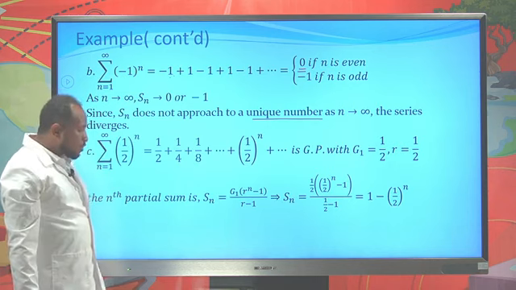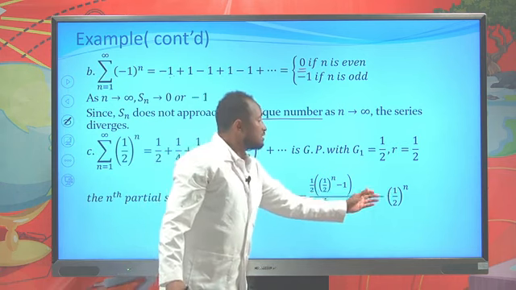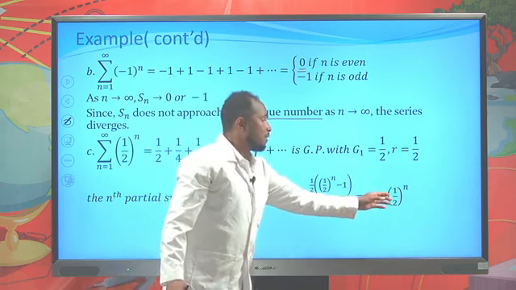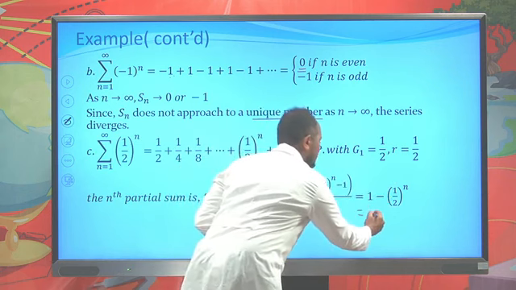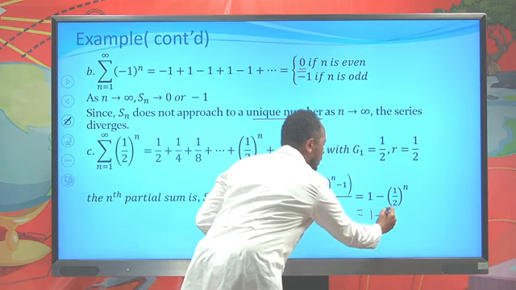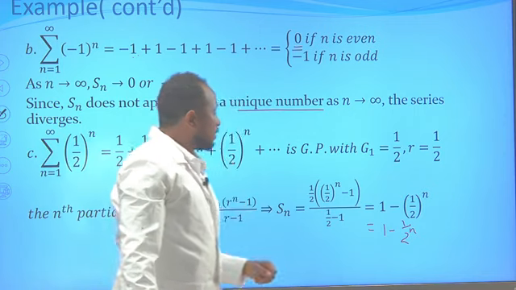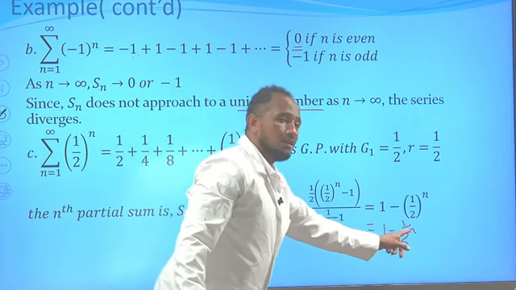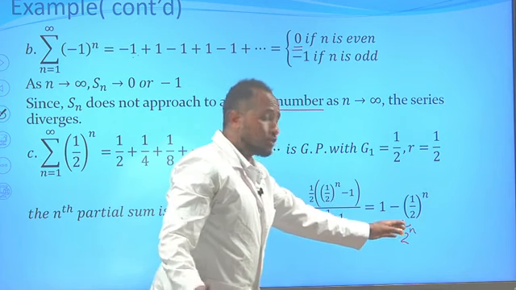When n goes to infinity, this sum becomes 1 minus 1 over 2 to the power of n. So when n goes to infinity, 2 to the power of n becomes infinity, and 1 divided by a very big number goes to 0.